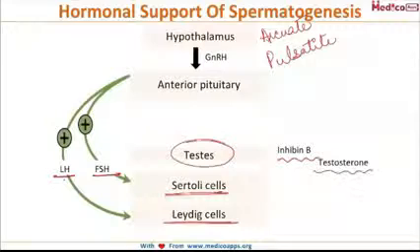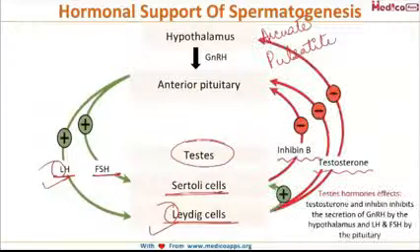So how do you remember this? L and L: LH receptors on the Leydig cells, and the remaining, FSH, has its receptor on the Sertoli cells. Now this inhibin B and this testosterone have a negative feedback action on the anterior pituitary as well as the hypothalamus, and so they inhibit the release of GnRH, LH and FSH.